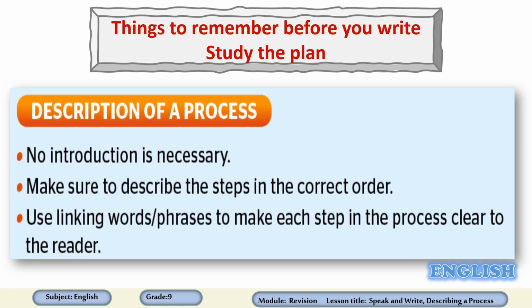The third thing, use linking words and phrases to make each step clear to the reader. That means use the time order words such as first, firstly, next, then, after that, finally.